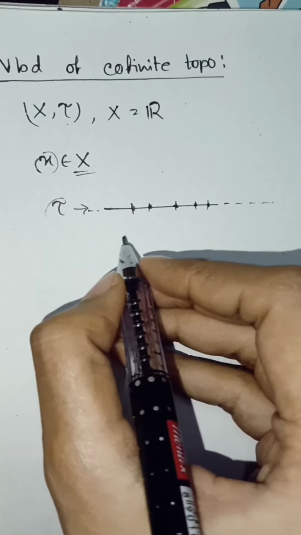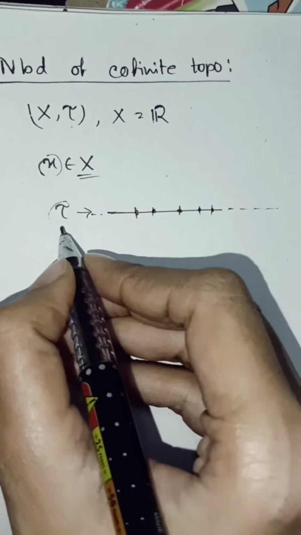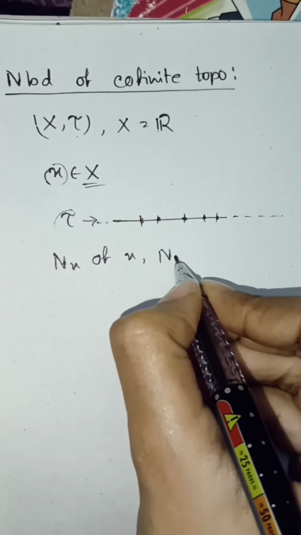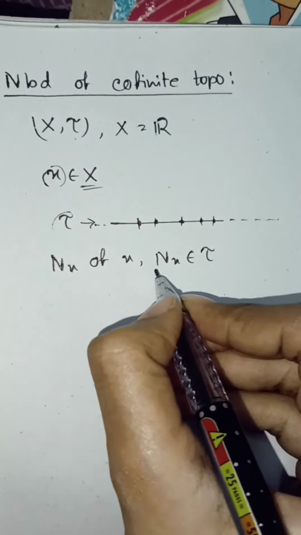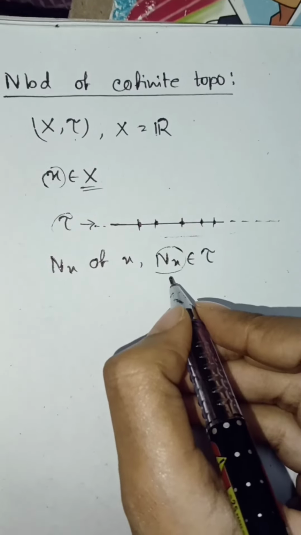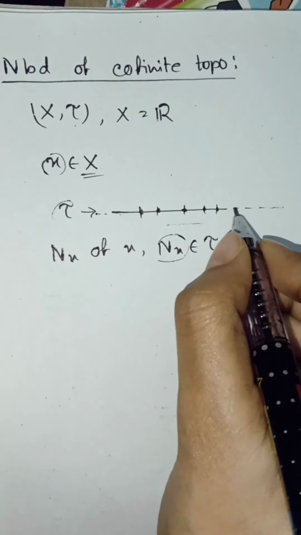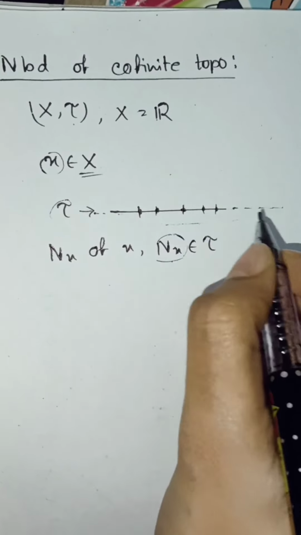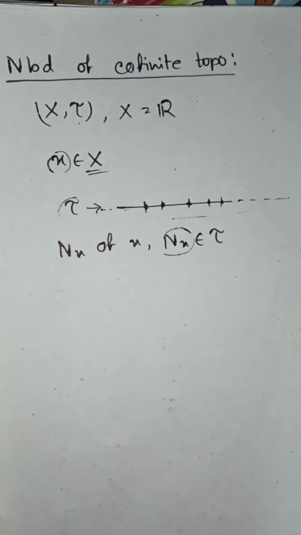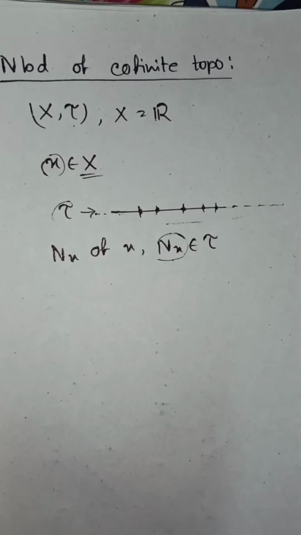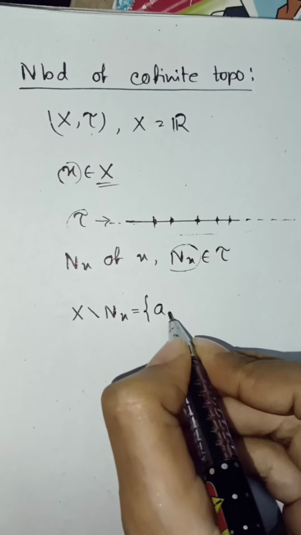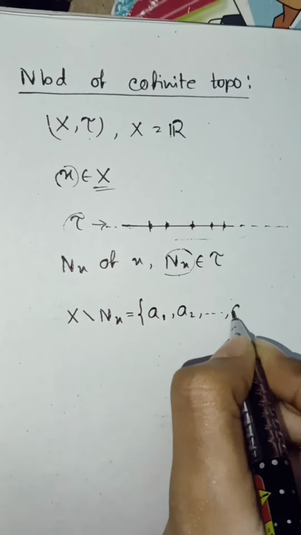Now for any neighborhood Nx of x, since Nx belongs to tau, Nx will also look like this type of set. That means Nx will also look like the real line excepting some finite number of points. So this is the structure of a neighborhood for cofinite topology, so that we can write X minus Nx is some finite number of points a1, a2, up to an.